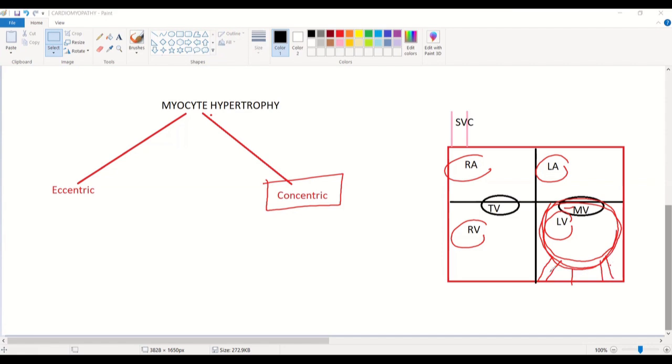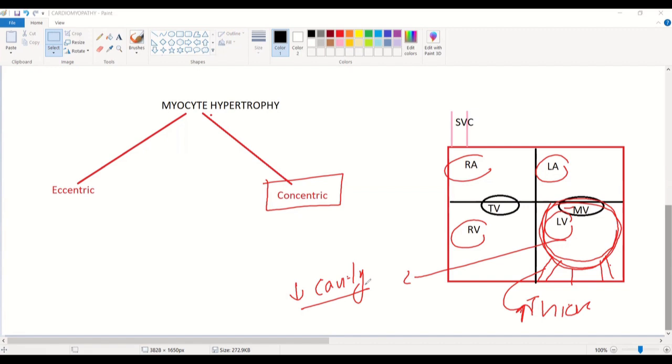So this is the thickness. Thickness is increased and cavity size is decreased. And it leads to diastolic heart failure.